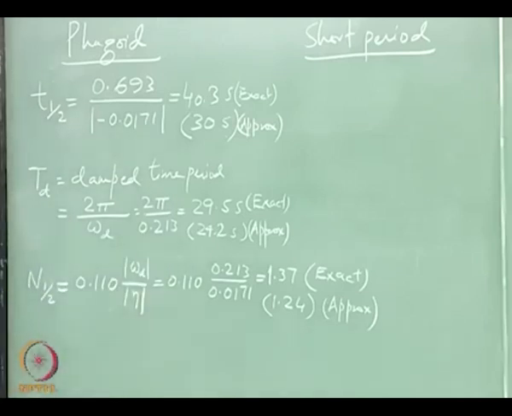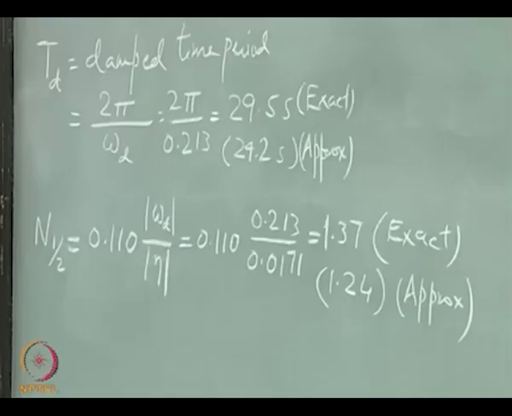What is the order of the error? It's roughly more than 20%, isn't it? So, this approximation was not so good. Remember, with approximations we are making assumptions and arriving at an approximate formula to find the relation between these parameters and the design parameters.